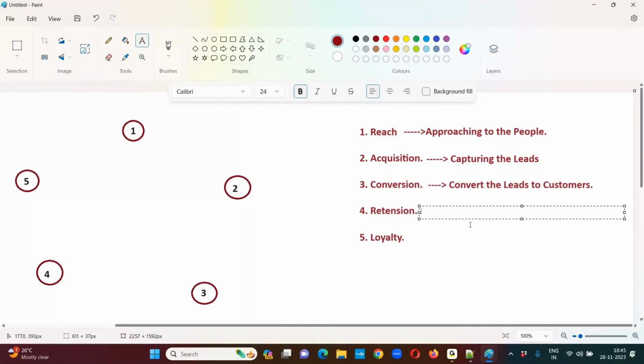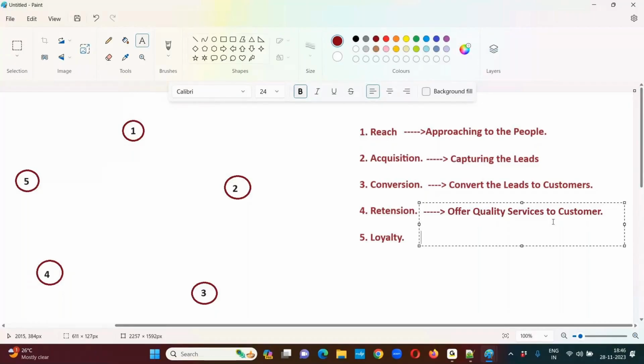So retention here means we need to offer quality services to the customer. And what is the last one? Loyalty means what? If I'm offering quality services, then we can maintain our brand in the market.